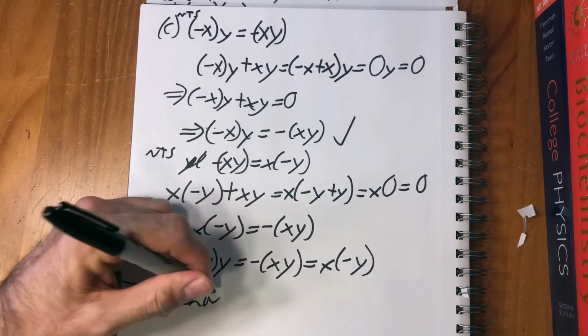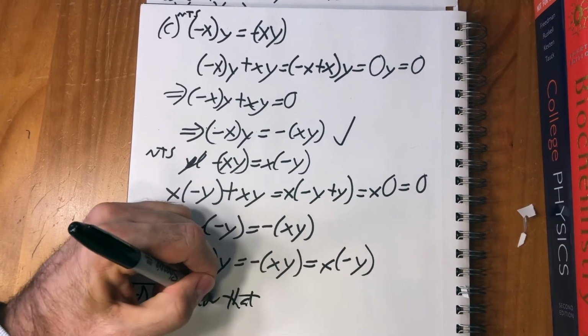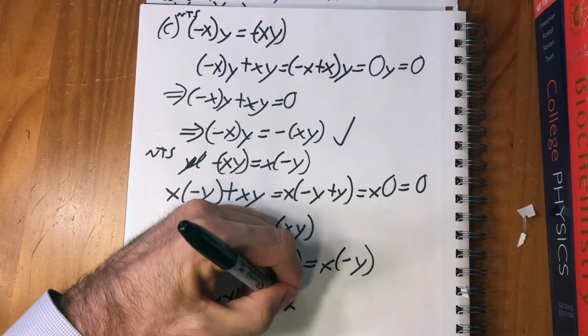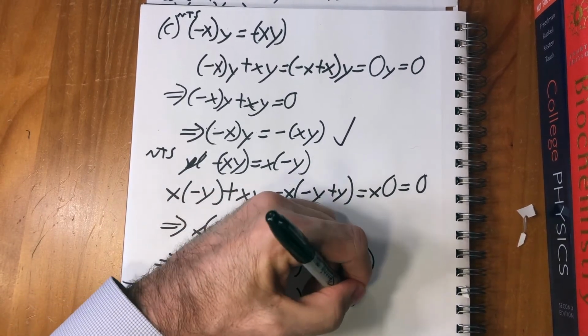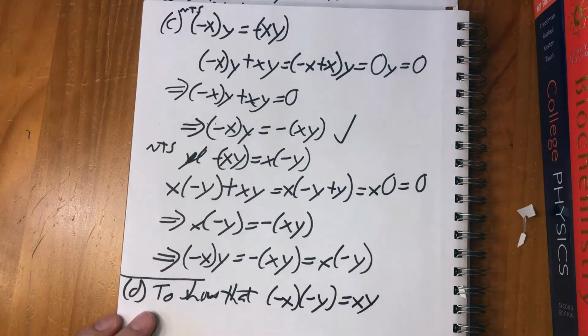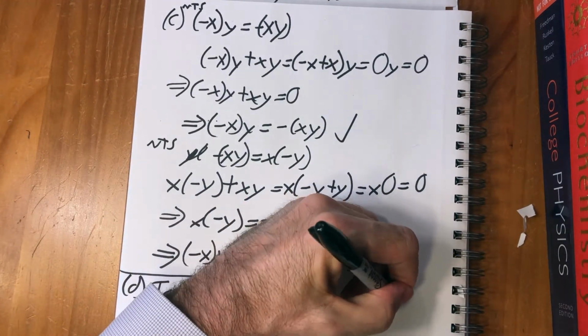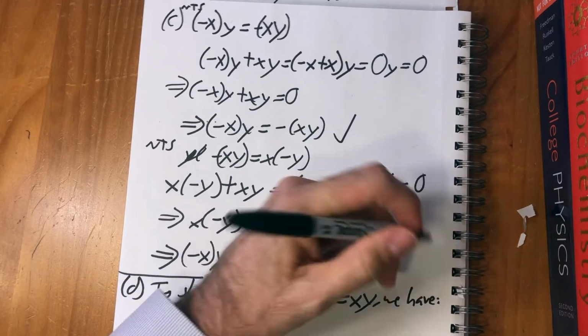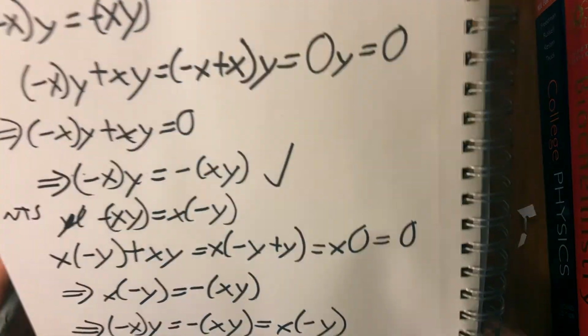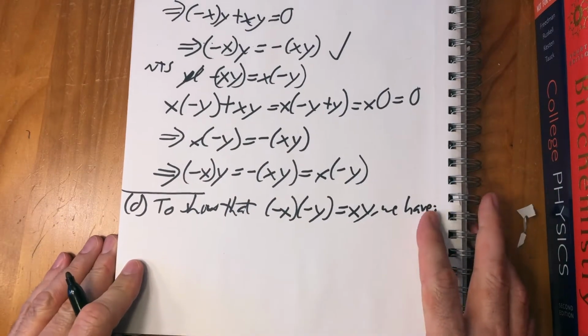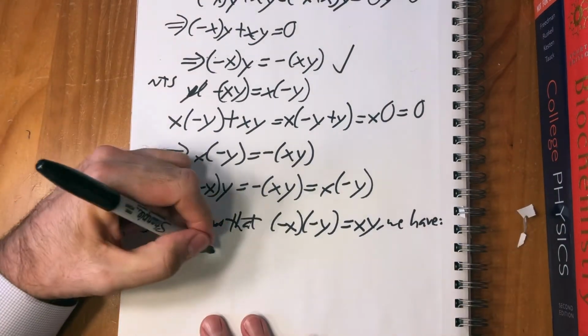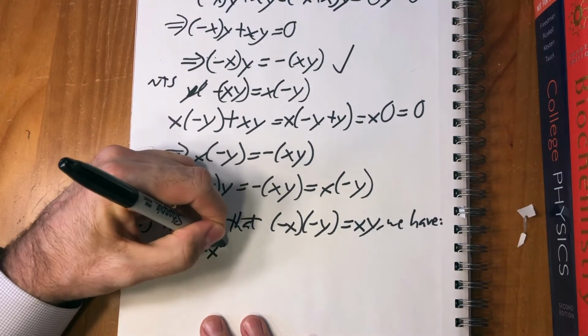So to show that minus x times minus y equals xy, we have that minus x times minus y.